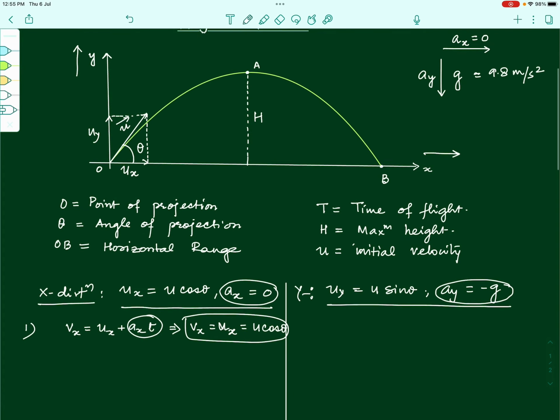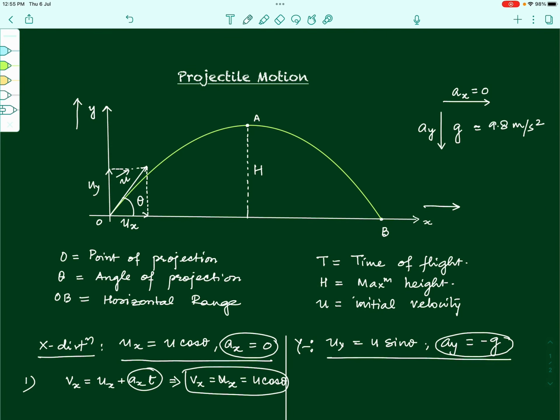If we try to see this in the figure above, what this would mean is, as this projectile moves and we draw different velocity vectors throughout its motion, some v over here, some v dash over here, in all these cases the horizontal component of this velocity, Vx over here, and let us say Vx dash over here, all of these will come out to be equal to ux, telling us that along the x axis the projectile has no change in speed.